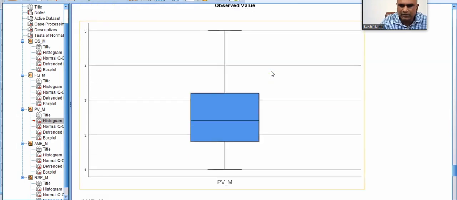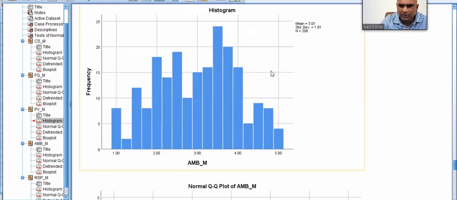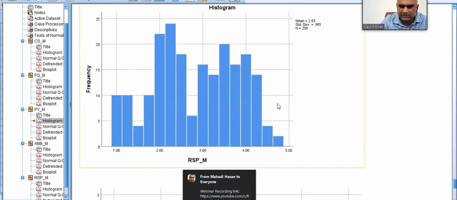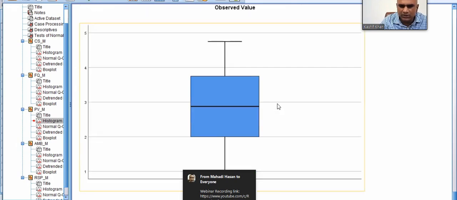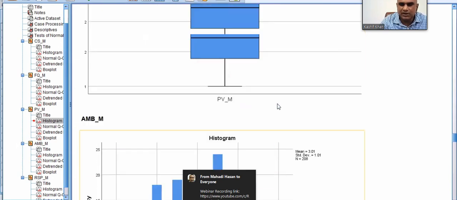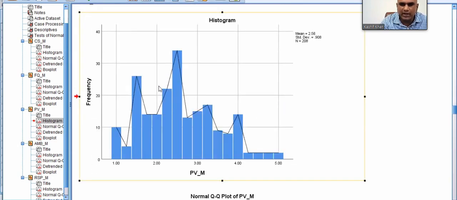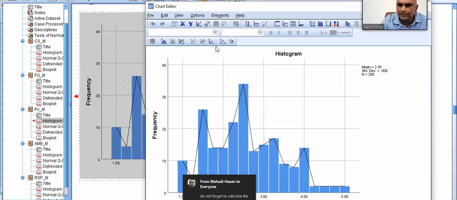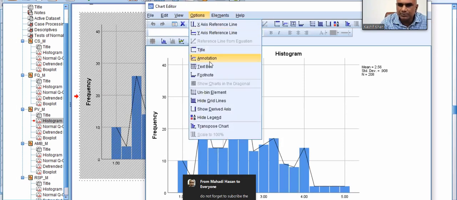Okay, let's go next. This is also almost normal. So what we are learning is that except for one variable in our study, the rest looks okay. This is the one, because if I try to draw a bell shape here, how do I draw a bell shape?